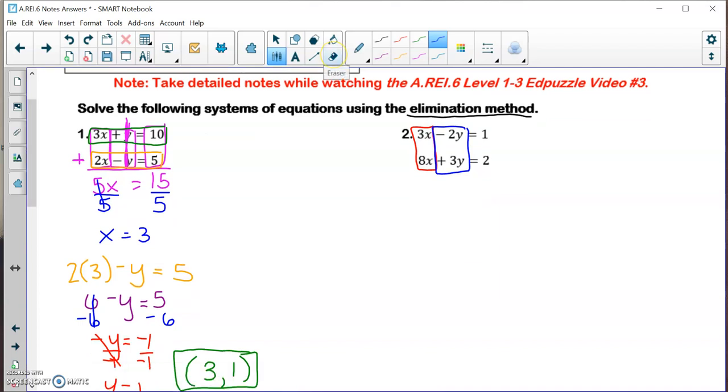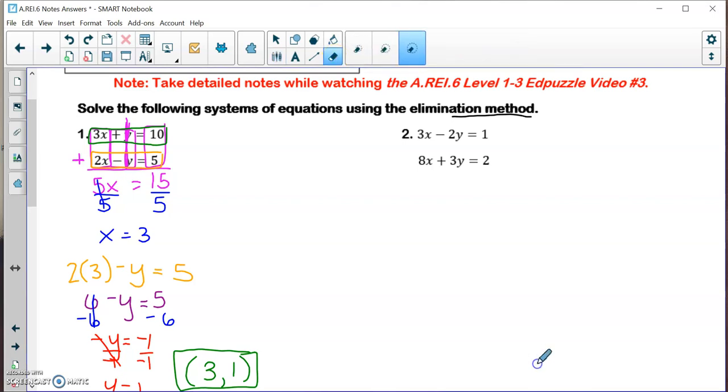Now, my y values have opposite signs for their coefficients, so that's actually good. It's your choice whether you want to eliminate x or y. For me, I'm going to eliminate my y's because I have opposite signs already. But if you wanted to eliminate x's, you can completely do that.